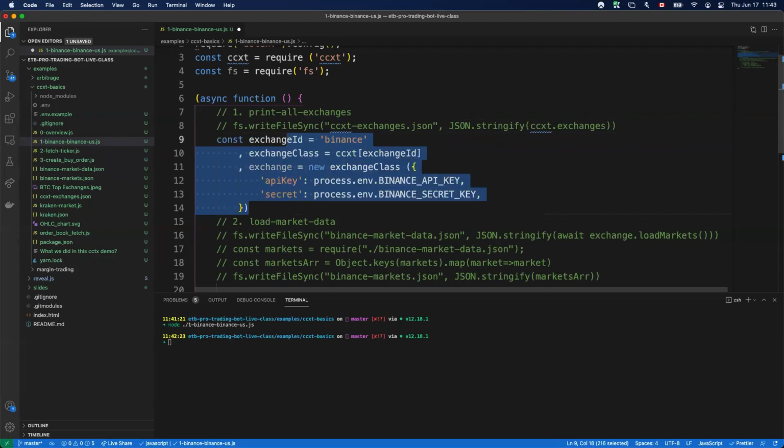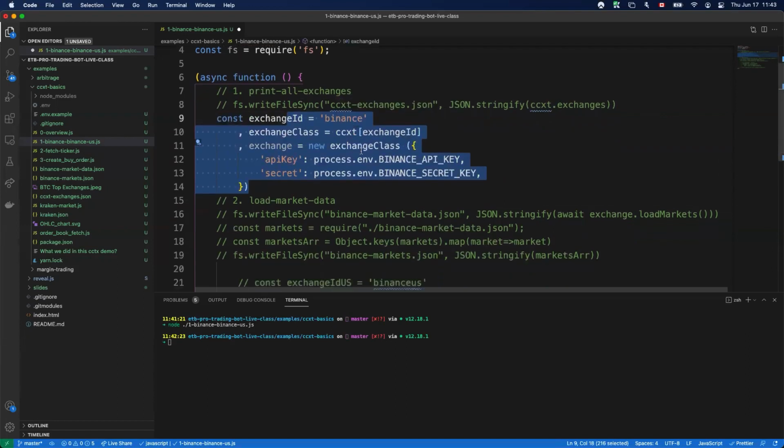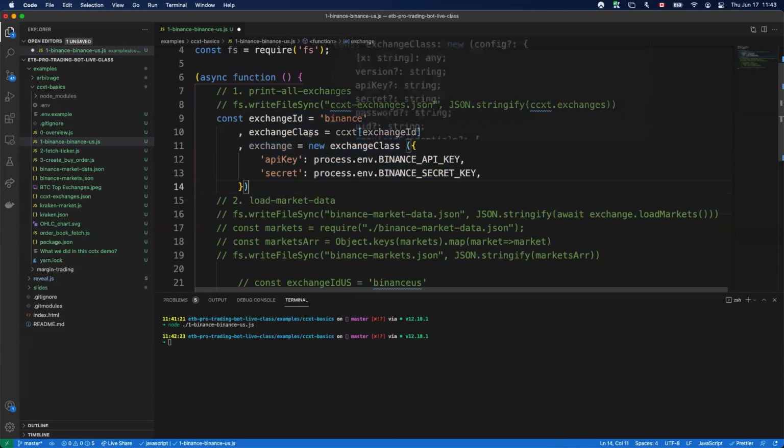So let's try to get market data from Binance. For that, I have already grabbed the API key from Binance. You can go to binance.com, create your account, get the API key, and use it here.